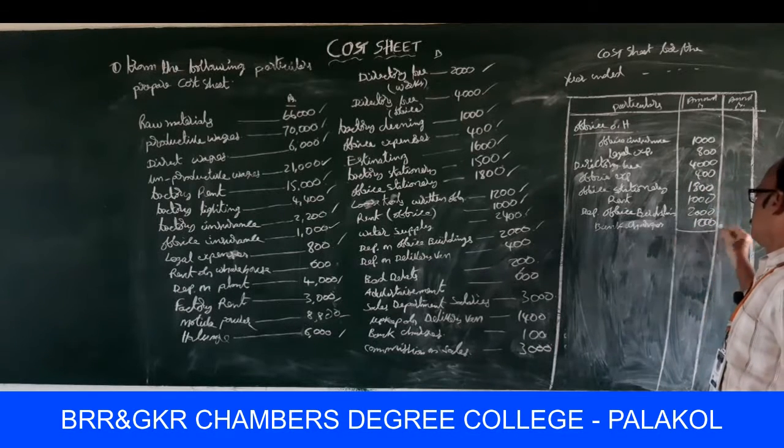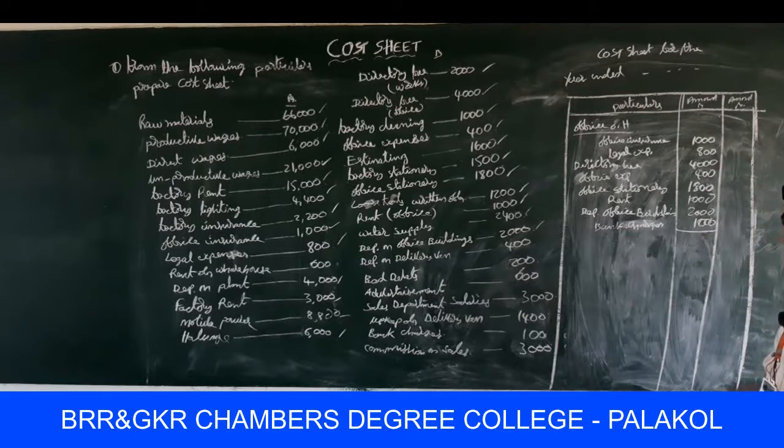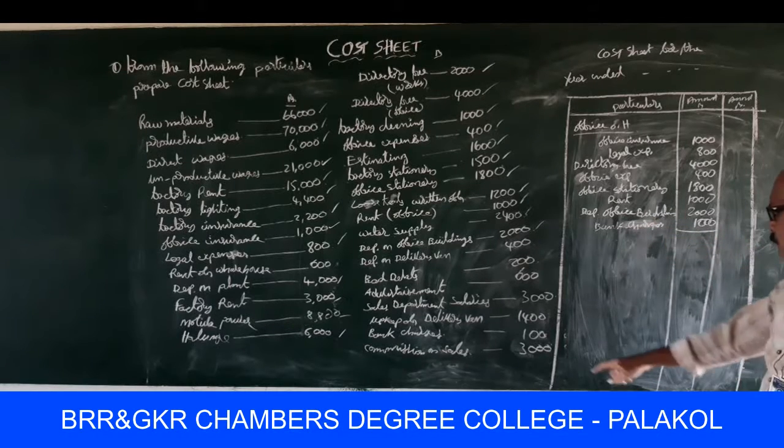Okay. So once again, office insurance, legal expenses, director's fees, office expenses, office stationery, rent, depreciation on office buildings, and bank charges, 100.